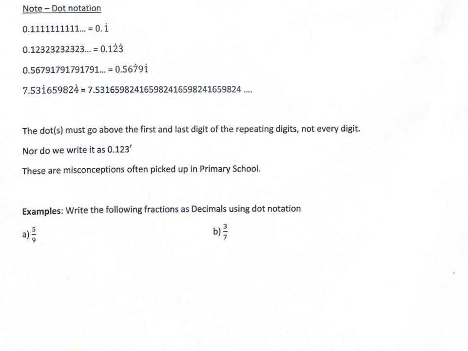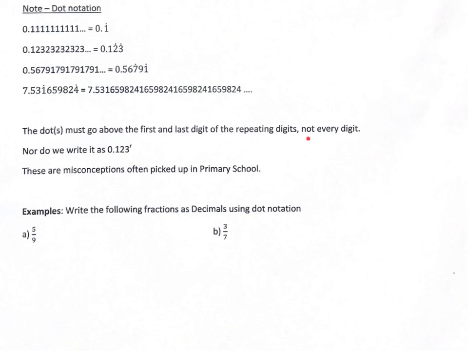And similarly then, if we had the dot above the 1 and the 4 in this next example, that means that the 1 is the first number in the repetition and 4 is the last. So what that's going to look like written out in full is 7.53 1659824 1659824 1659824. So the 1 and the 4 are the first and the last in each set of repetitions.